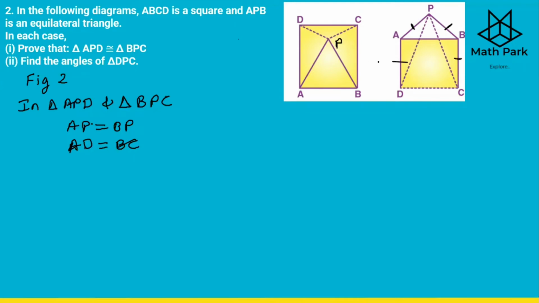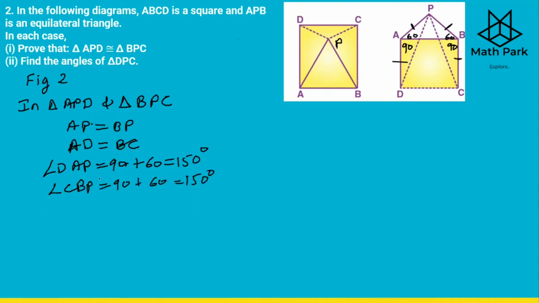Now the third thing is about this angle. This is a square, so this is 90, and this is an equilateral triangle, so this is 60. So you get angle DAP is equal to 90 plus 60, which is 150 degrees. Also, angle CBP is equal to 90 plus 60, which is equal to 150 degrees.